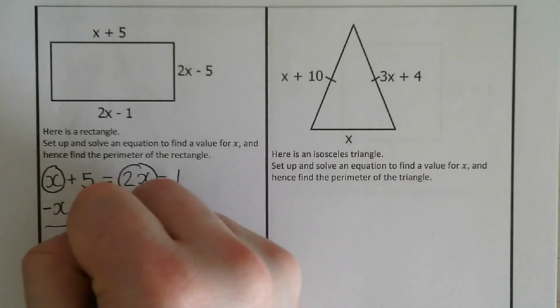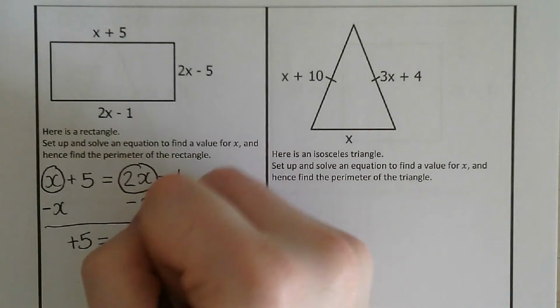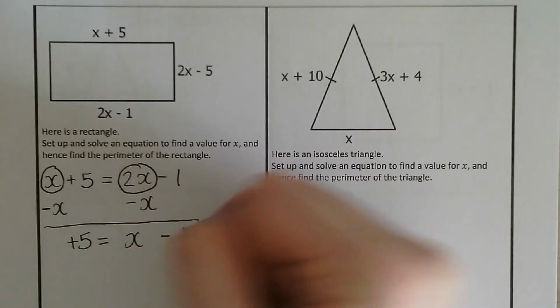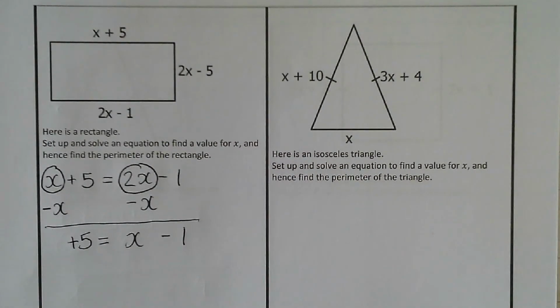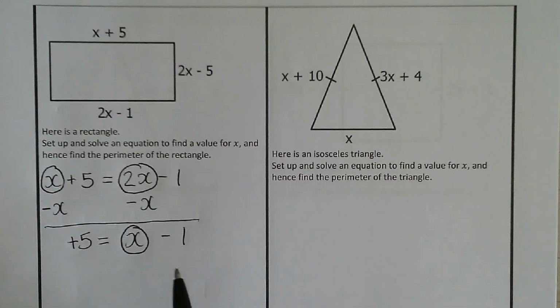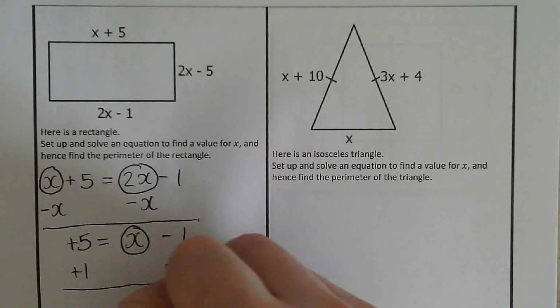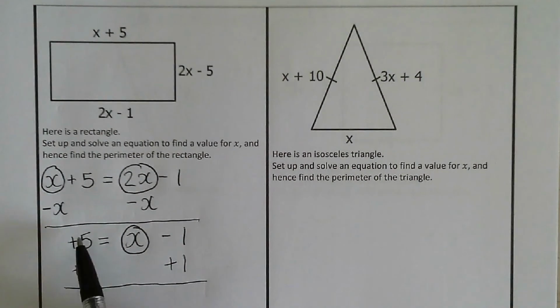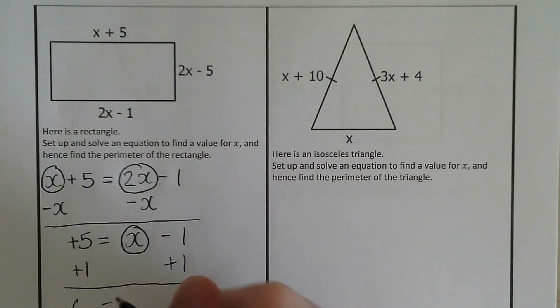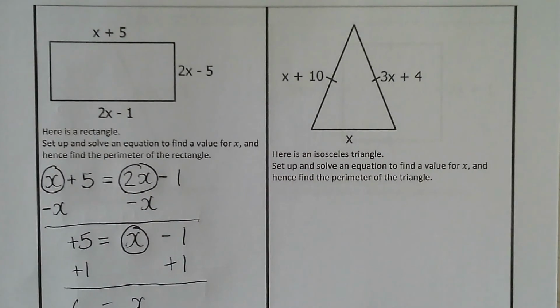Plus 5 drops down, the equal sign drops down, 2x take away x is just x, and the minus 1 will also drop down. We now need to isolate x by itself, so I need to get rid of this take away 1, so we will add 1 to both sides. This leaves us with 5 add 1, which is 6. The equal sign drops down, x drops down, and the minus 1 and plus 1 cancel, so we now know that x equals 6.